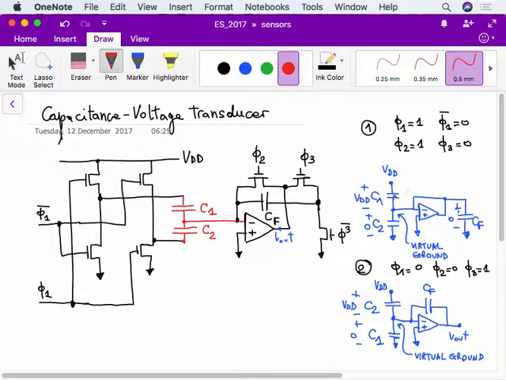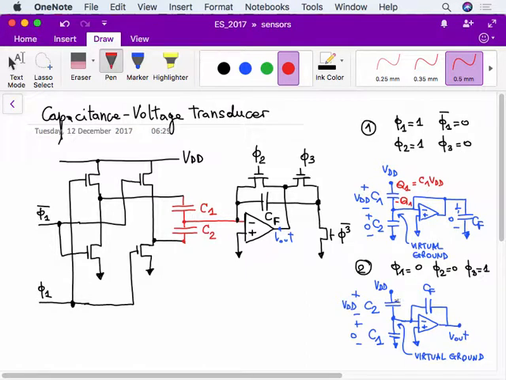Because of course here we had a charge Q1 on the top plate of the capacitance that was equal to C1 times VDD, and of course there was a charge minus Q1 on the bottom plate.